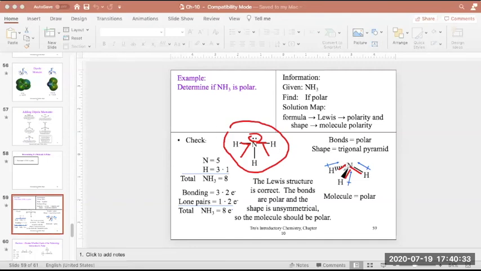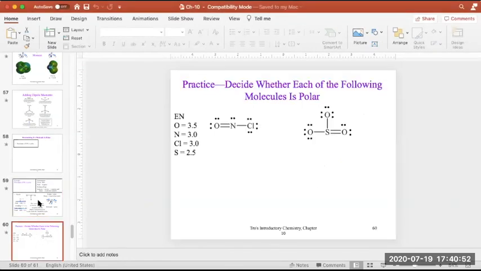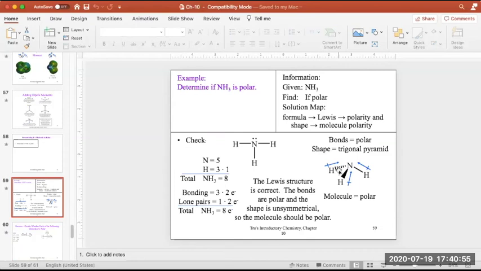So once you know the structure, the second thing is to find whether the bonds are polar. And the first thing is to find whether the bonds are polar or non-polar. This is the first condition before we can say the molecule is polar or non-polar. So if you see the electronegativity numbers, you will find the bonds are polar, right?